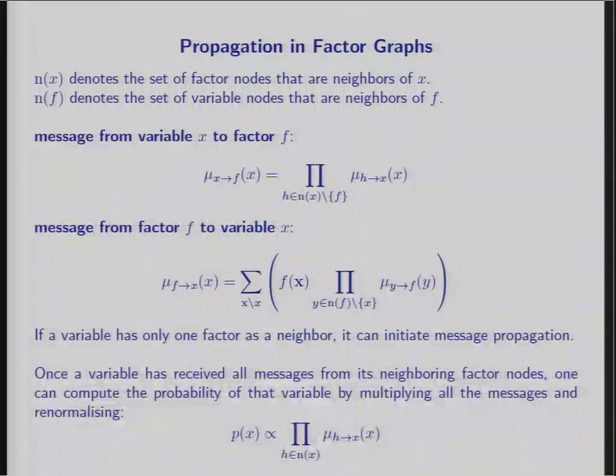If a variable has only one factor as a neighbor, it can initiate this message propagation. Then once a variable has received all the messages from its neighboring factors, we can compute the marginal probability of that variable by taking the product of all those messages and renormalizing it. Okay? Any questions about that?